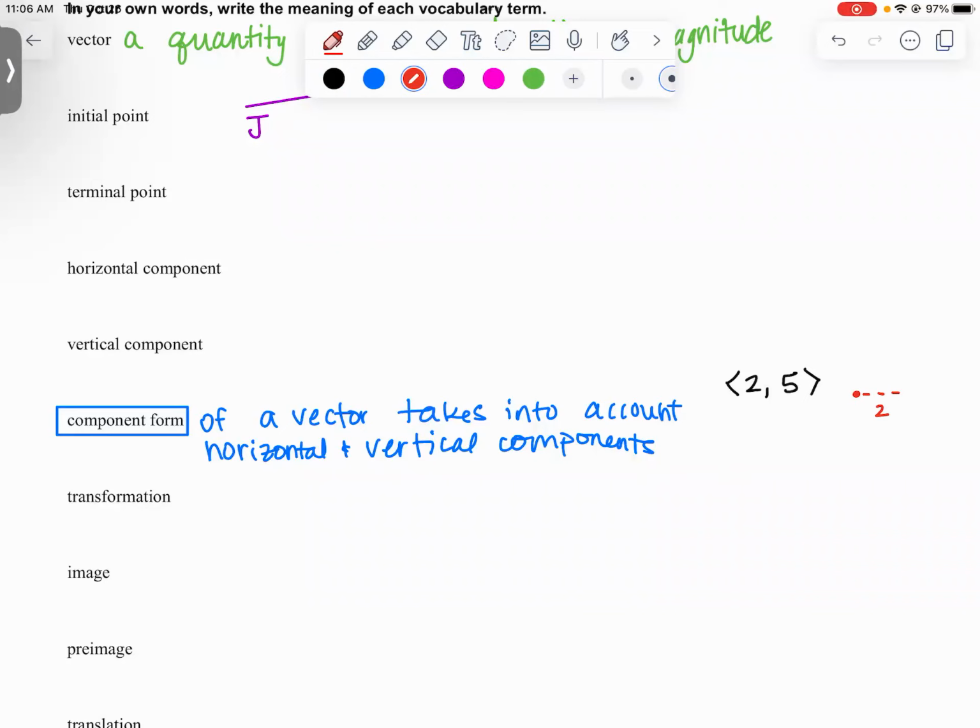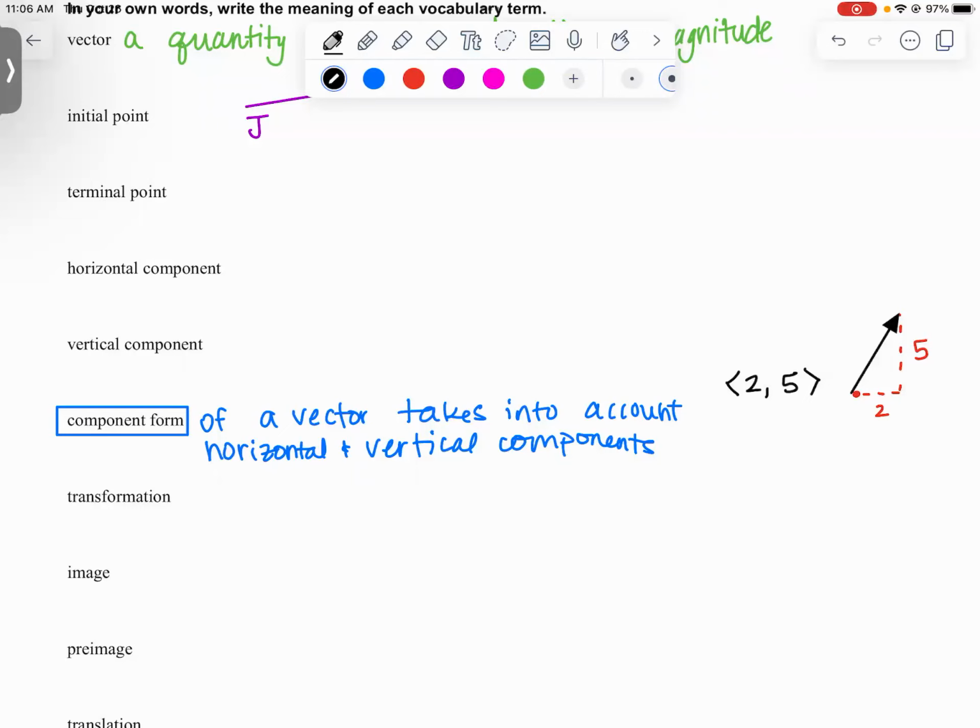This means my horizontal component is 2 and my vertical component is 5. So when I draw my vector, okay, I'm going to go right 2 and up 5. Why does it look like the greater than less than symbols are in there instead of the normal parentheses?